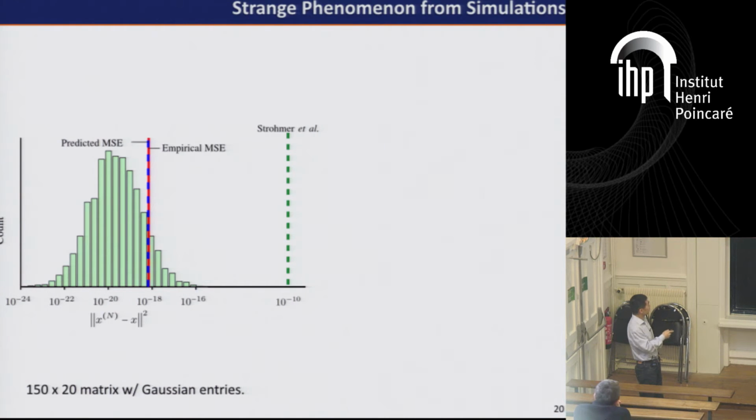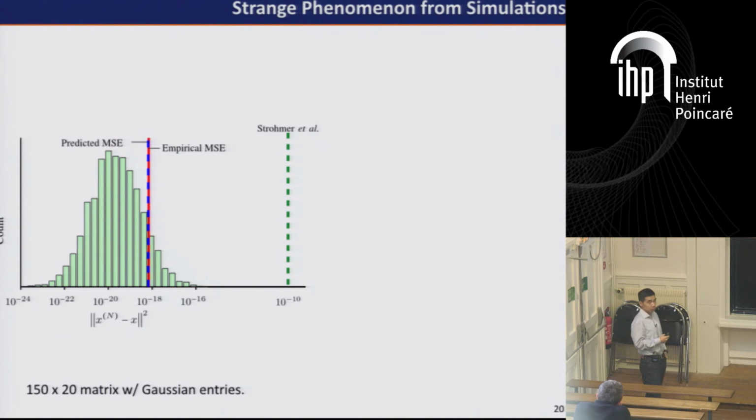The horizontal axis is the MSE, and the vertical axis is the percentage of times that we reach that particular MSE. The green line is what the original bound predicts. Clearly, it is fairly loose. And the red and blue lines are the empirical versus theoretical MSE. It's a match, it's a verification.